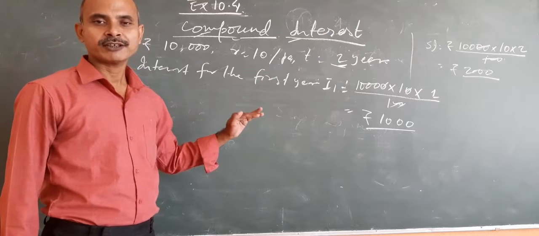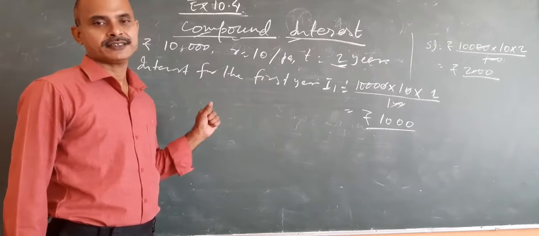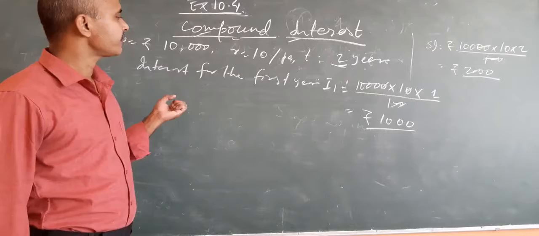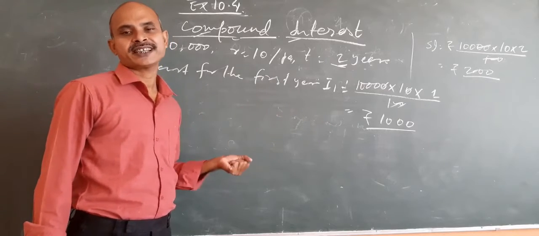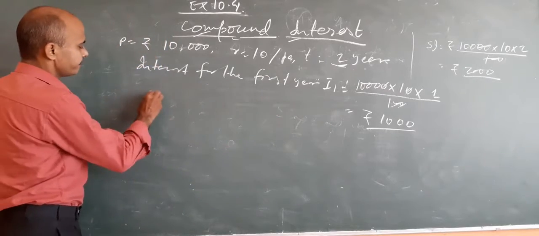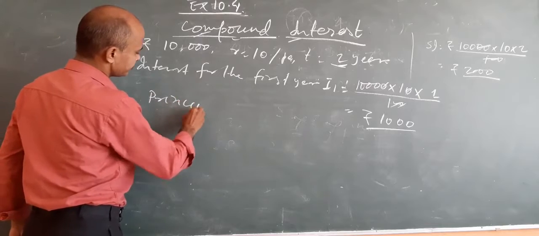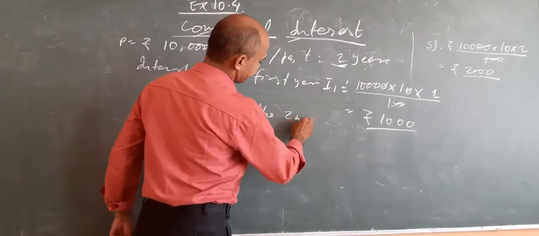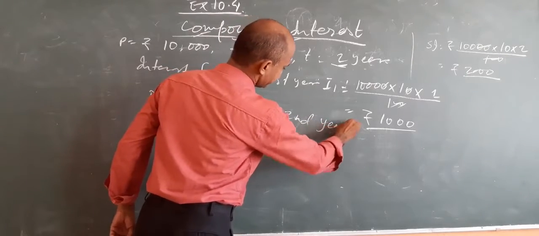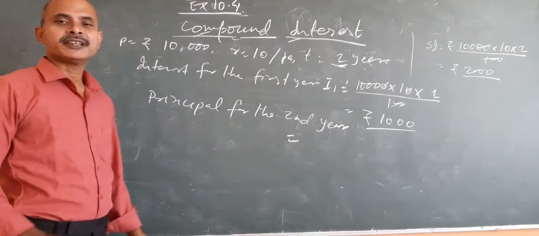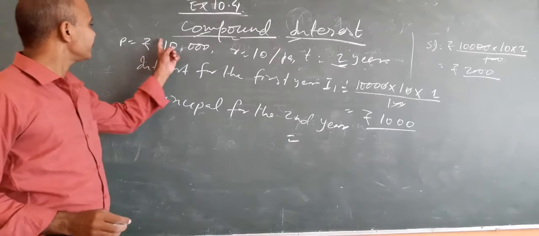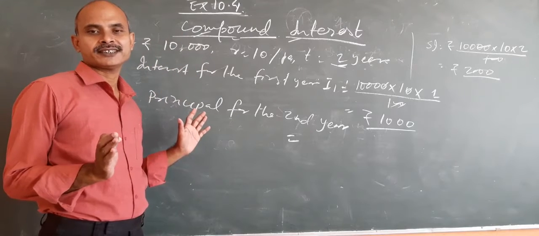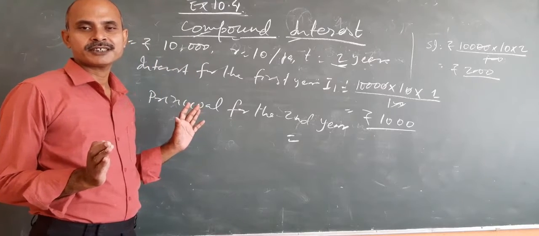Now we will calculate the interest for the second year. But before that we have to find the principal for the second year. This is not the same principal as before.